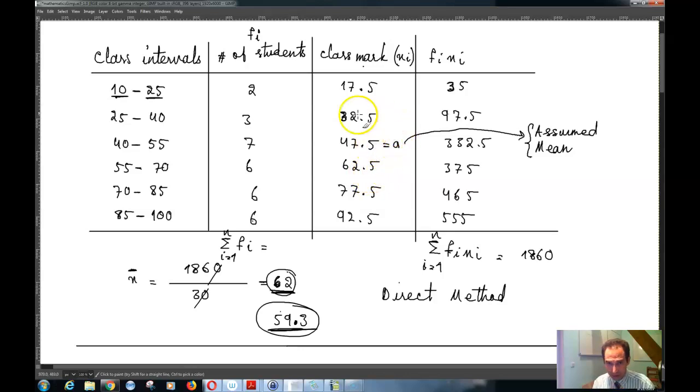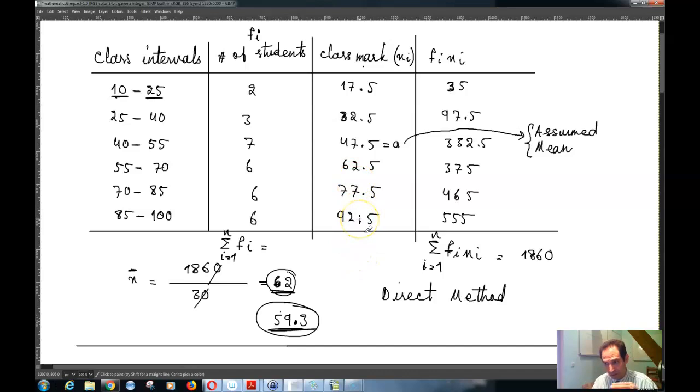So you pick some number which lies somewhere between your x of i's, and you take that as your assumed mean. You can take A as 47.5, or you can take it as 62.5, but it's better if it's somewhere in the middle of all of the values that you have, because then all the numbers above that number will benefit from it, and all the numbers below that number will also benefit from it.